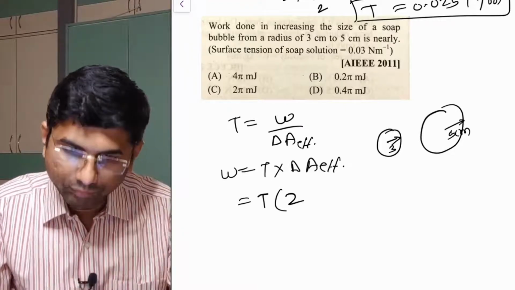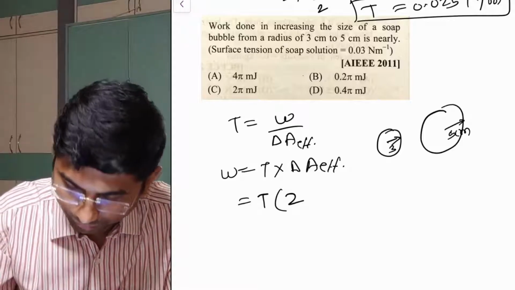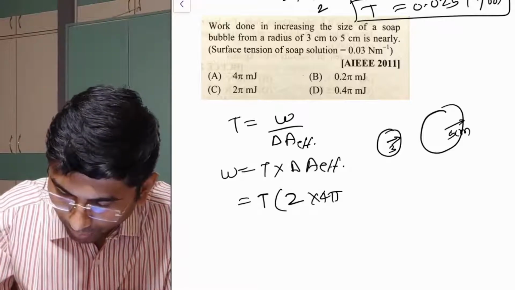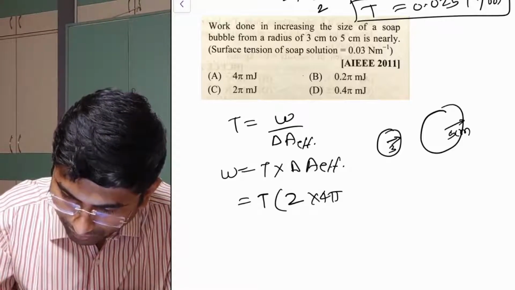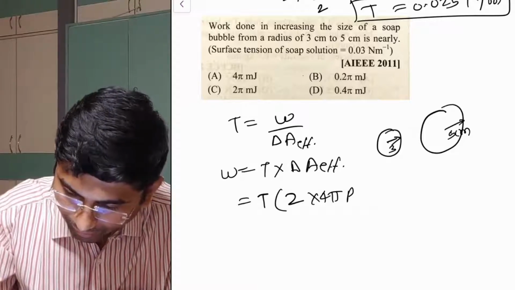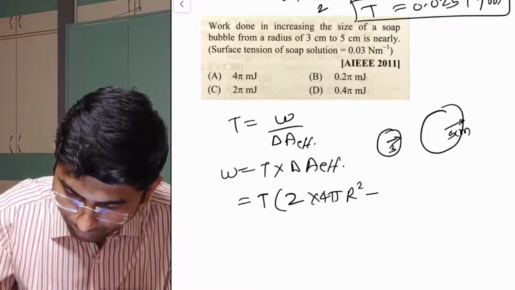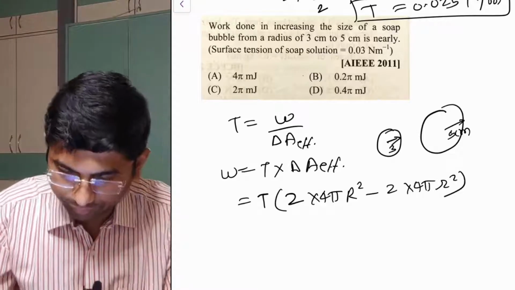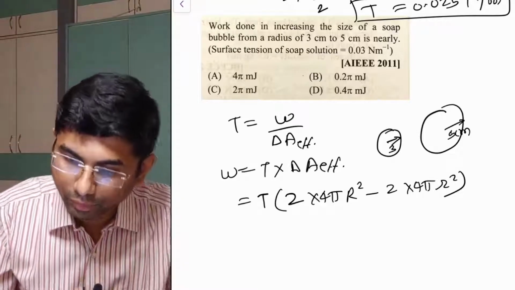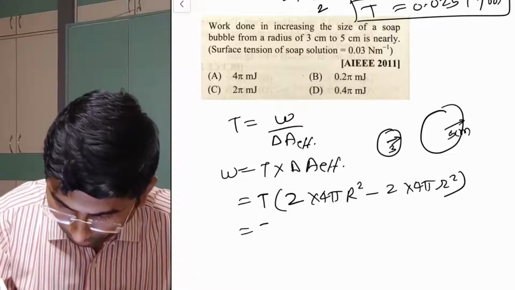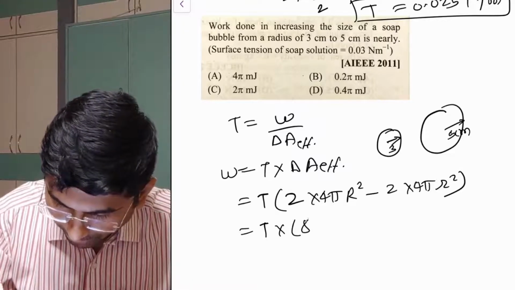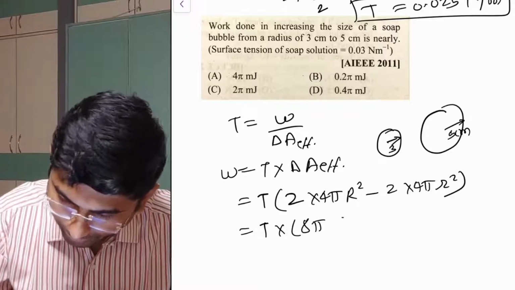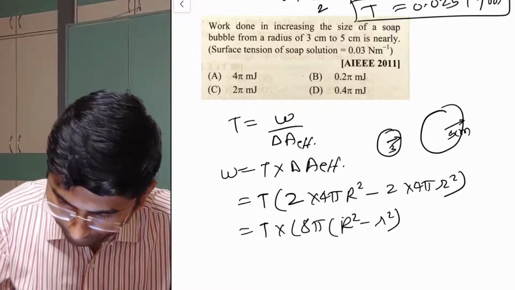The area is 4 pi R square for the final minus 4 pi small r square for the initial. That's my formula. Therefore T into 8 pi in bracket R square minus r square.